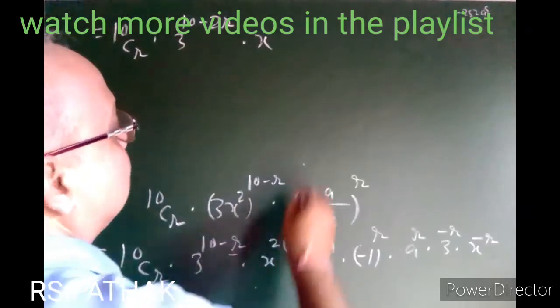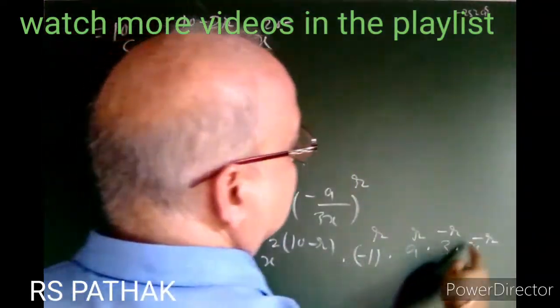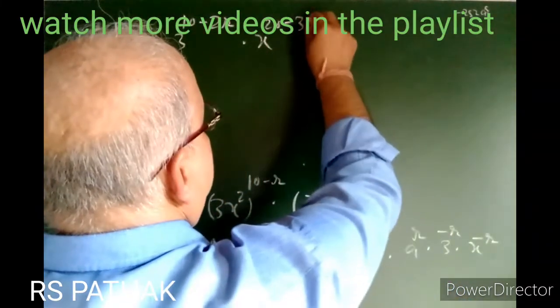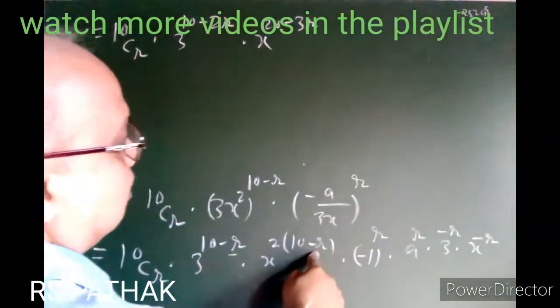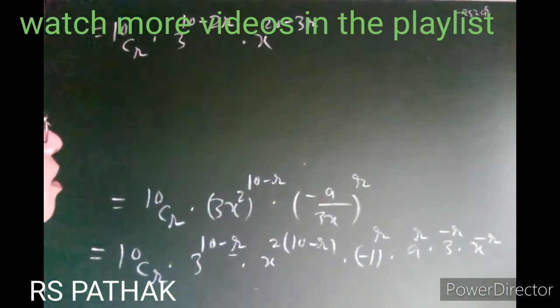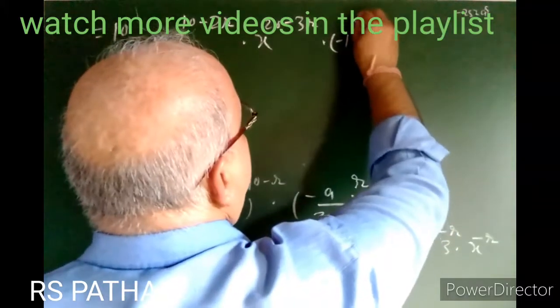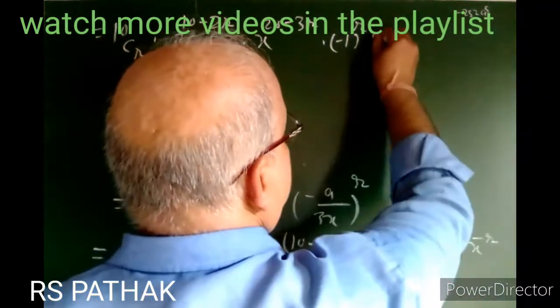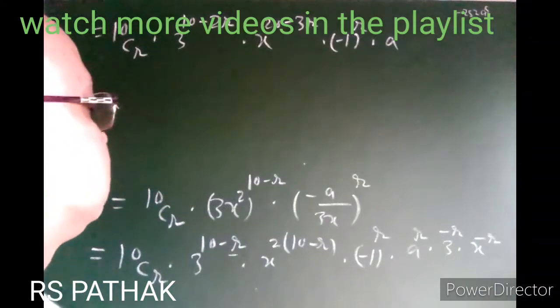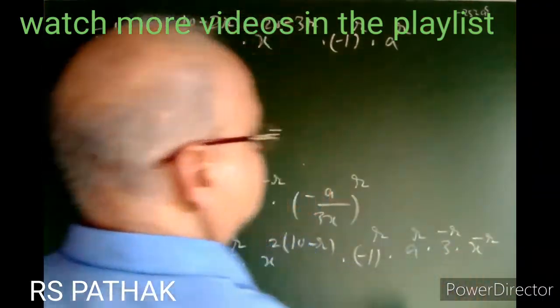After multiplying 2 into 10, 20 minus 2r and minus r, minus 3r. And next will be minus 1 to power r and a to power r.